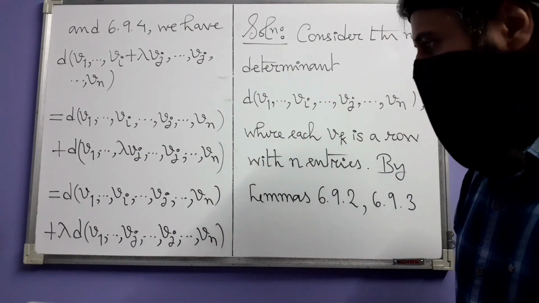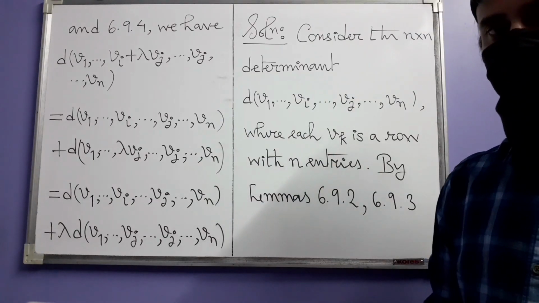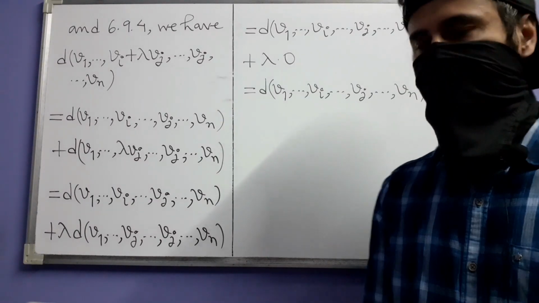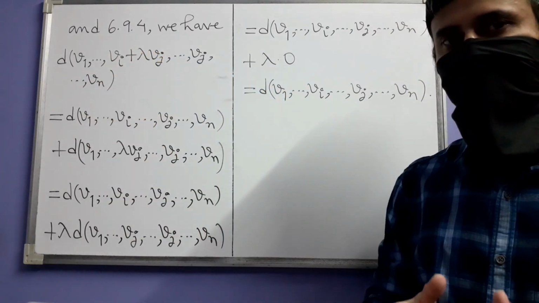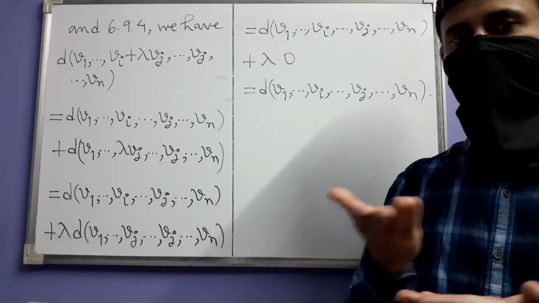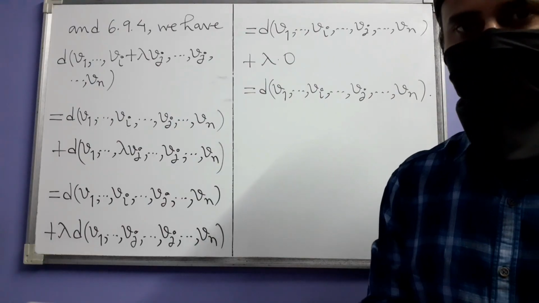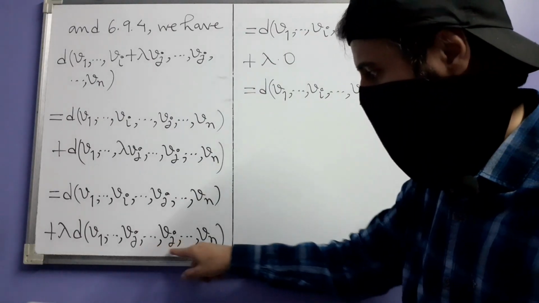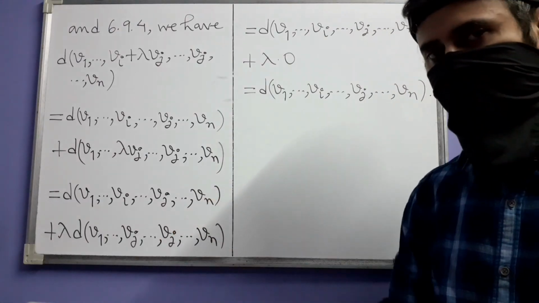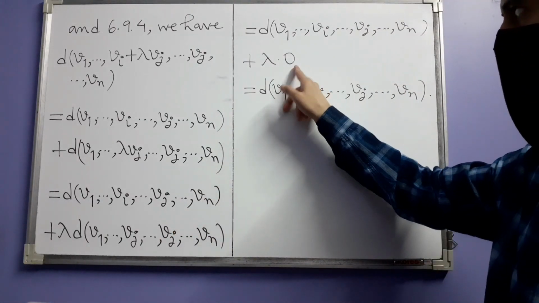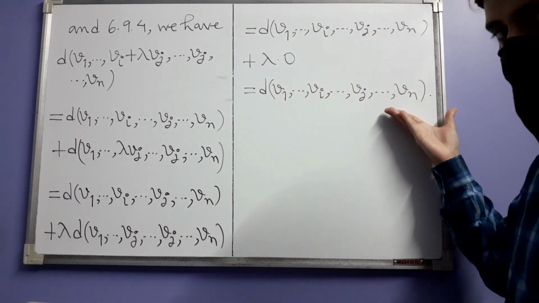Alright, and then what do we do next? And finally we use lemma 694, which tells us that a determinant is 0 if 2 of its rows are identical, and that is what we see here in the second determinant. The ith row is vj and the jth row is also vj, so that's why that is 0, and this is what we are left with.